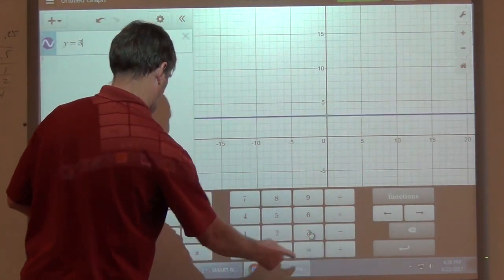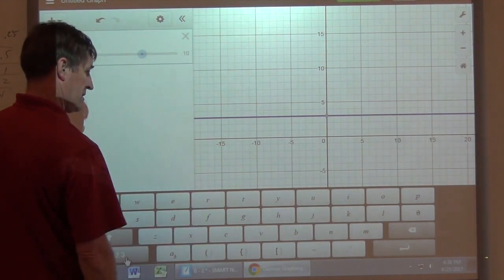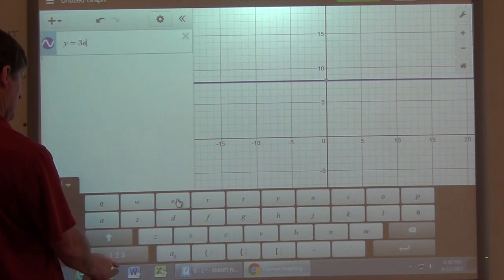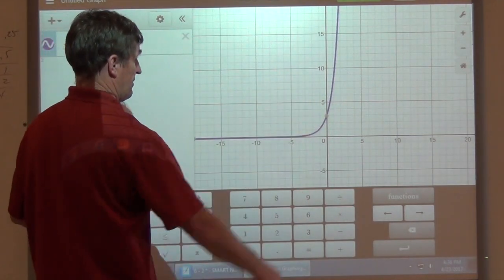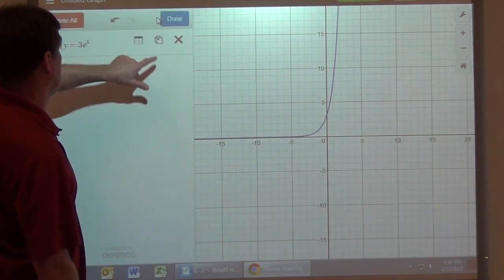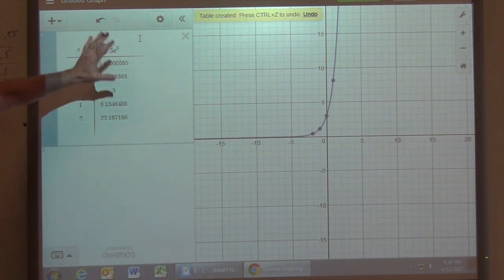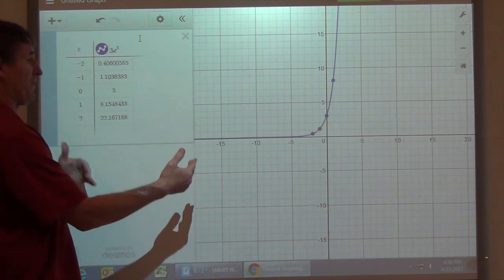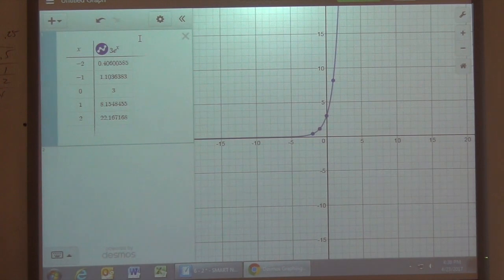Just go to the alphabet and it will take care of it for you. e to the x power, and it gives you the graph. You can get the table, and you have the values from -2 to 2. That's enough information. You don't need to draw the graphs, but you'd have the values there. If you were to graph, you would just plot those points and connect them. Enough to get an idea of what the graph looks like.